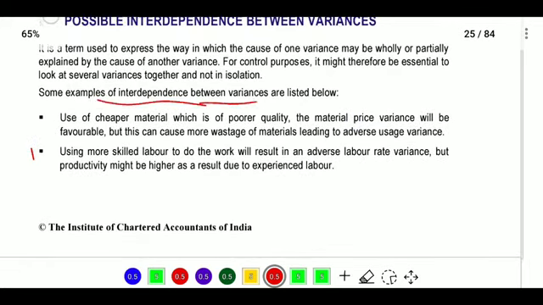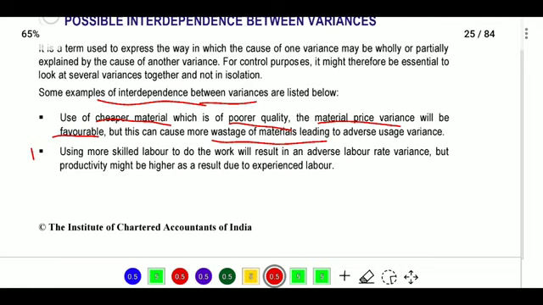The price will decrease, so you will get the price variance and save on price, but when you go for poor quality, more wastage of material will result.